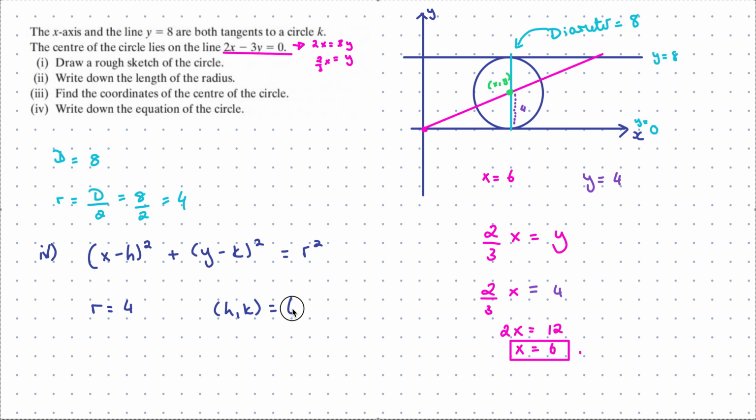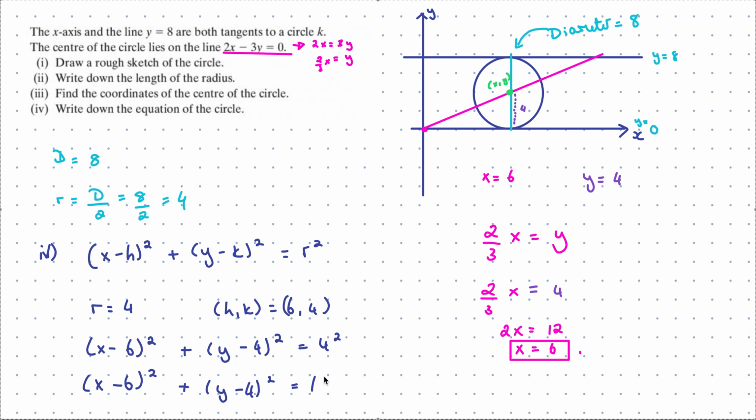We found that to be 6, 4. So formula, information, fill it in. x minus 6 squared plus y minus 4 squared is equal to 4 squared. You don't have to square it all out, just tidy up what you can, and I would leave it like this. They don't ask for it in any particular form. I would just have equal to 16 on that side.